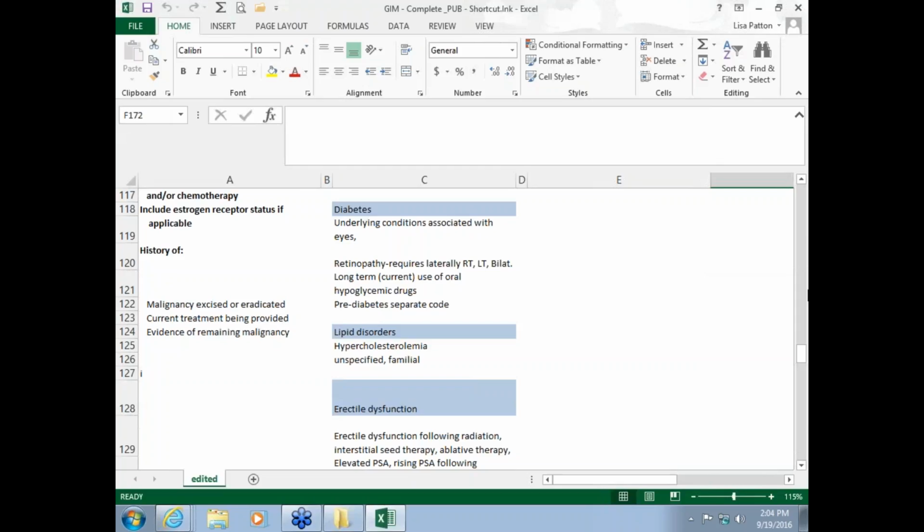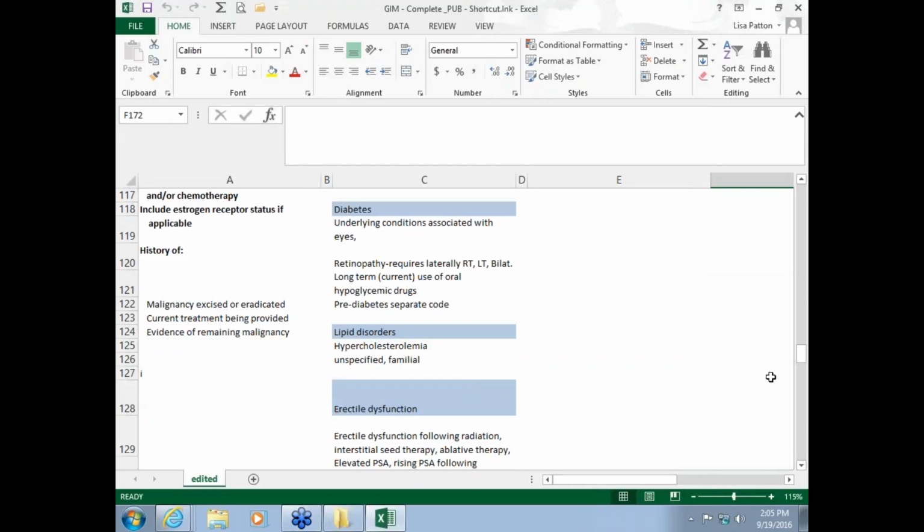So make sure that if patients are using long-term oral drugs, such as metformin and that kind of stuff, you need to list that. And that's one thing that the docs don't typically do, except maybe in medicine because they're managing so many medications. But there are a lot of long-term use of drugs, like steroids and anticoagulants, that kind of stuff.